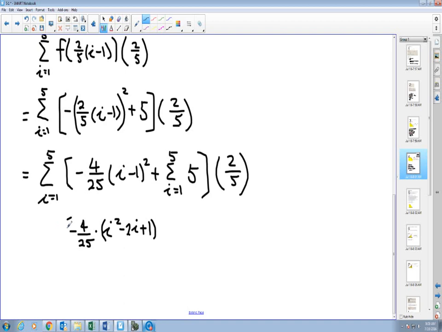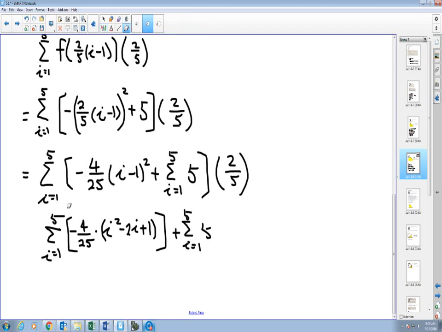Sum of i equal to 1 through 5, plus the sum of i equal to 1 through 5 of 2/5. You know what?